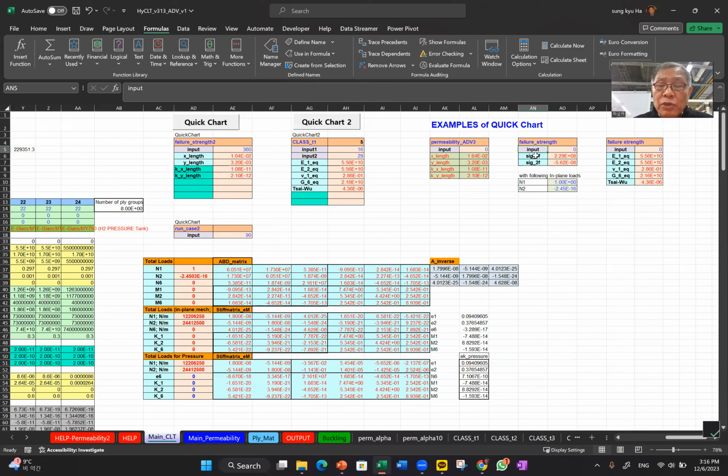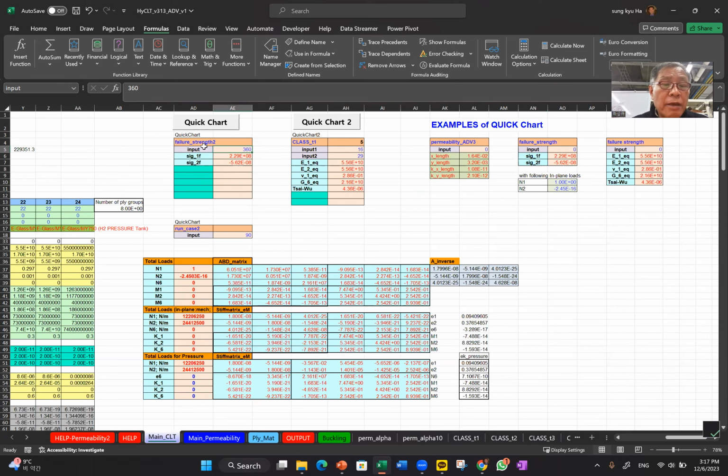If you want to have a plot failure envelope, you just copy, and as you can see, N1 divided by total thickness and the psi u failure index. So all you need to do is just copy and paste, and then you can just delete that. And that's it. That's all you need to do.